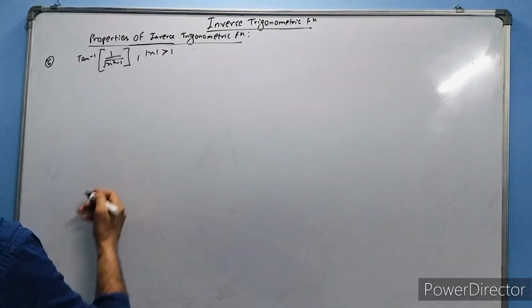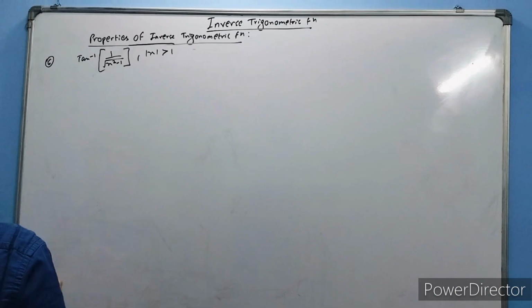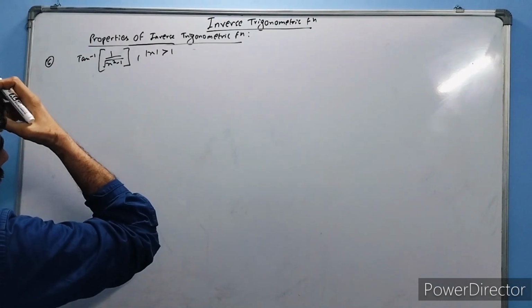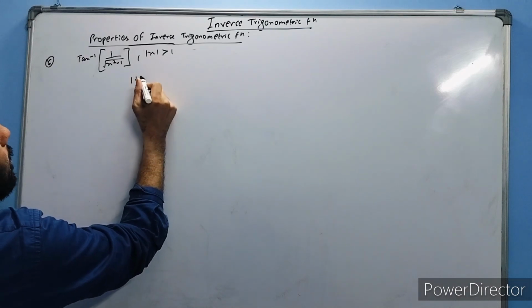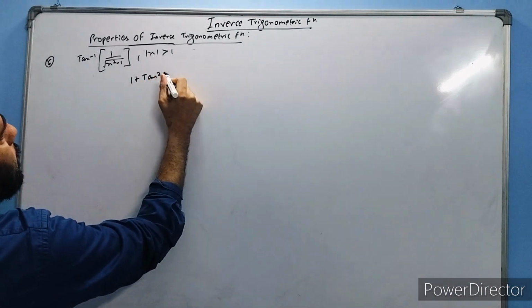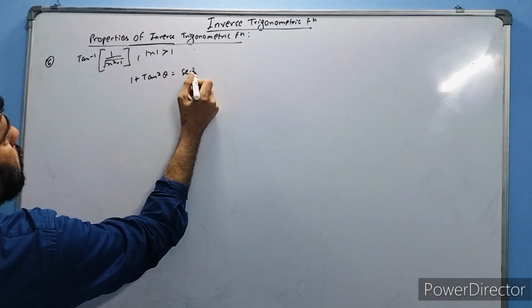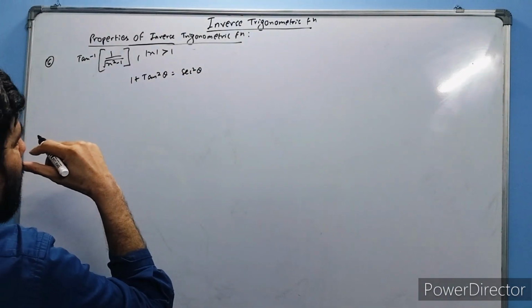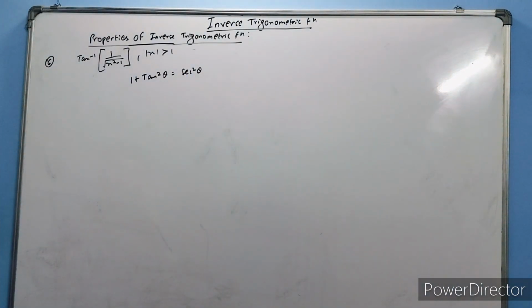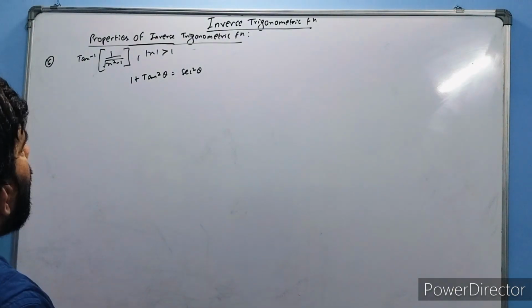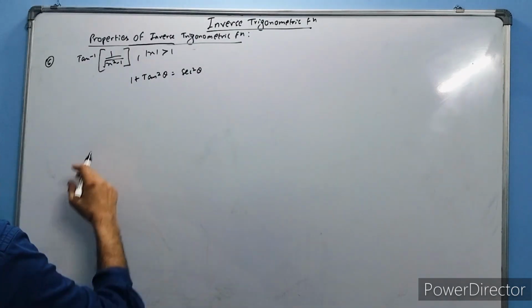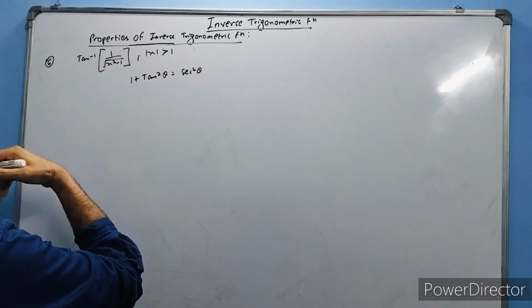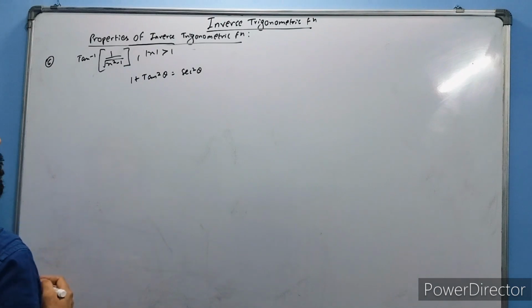If I try to solve, we know the identity that 1 plus tan square theta is equal to sec square theta. We could put x as tan theta, but we need to make it tan theta under the root, so let us see.